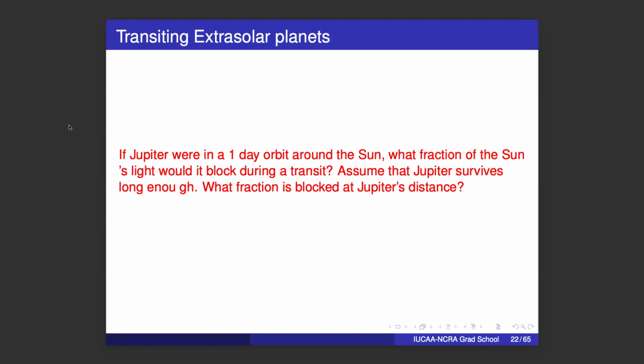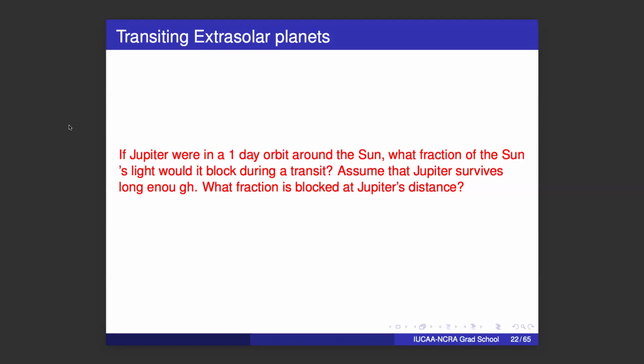So what fraction of the light will get blocked? You have to assume, of course, that in such a close orbit, Jupiter survives. Actually, it'll get vaporized, but forget that for the moment. I would say 1 by 100. Yes, 1 by 100.